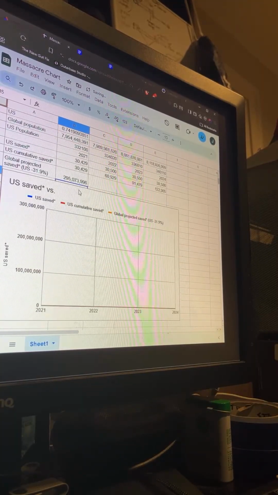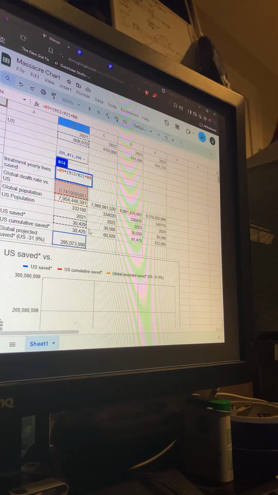times this. How's that a proper number? So we're taking saved over total. We're multiplying that by a number, and then we're multiplying that against the total population.